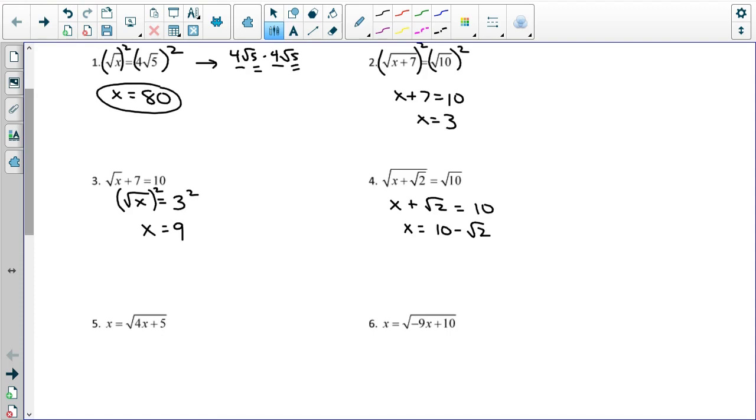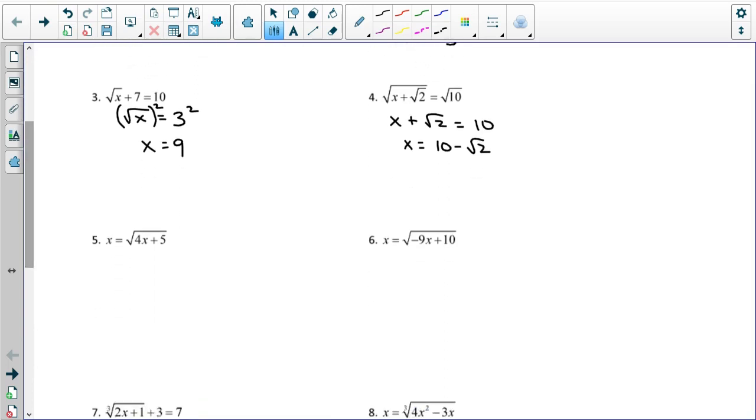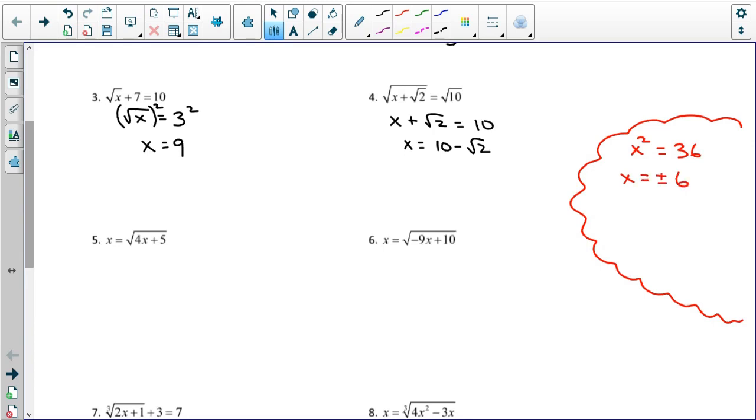Now, after we do that, we have to actually talk about what happens when we square both sides. So, in a thought bubble on the side, we're going to go back to the quadratics chapter, and we're going to think about what happened if I had something like x squared equals 36. If I took the square root of both sides, I had to write my answer as plus or minus 6.